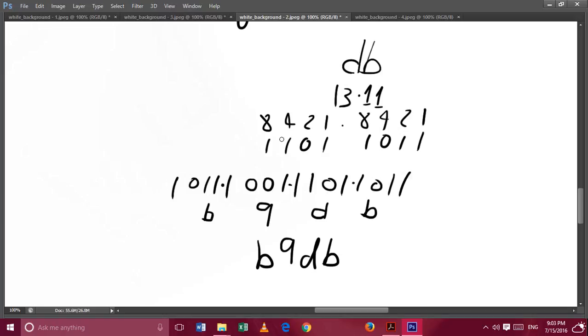Now, one more thing before we end this tutorial. Sometimes when you are converting, if I ask you to convert this number here to hexadecimal, how are you going to split this into groups of 4? Because it's not a multiple of 4. What you do is you put a dot here, and you complement this with 2 zeros right here. That's how you do it.